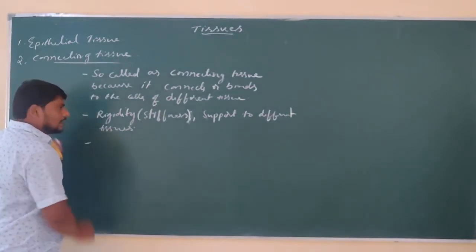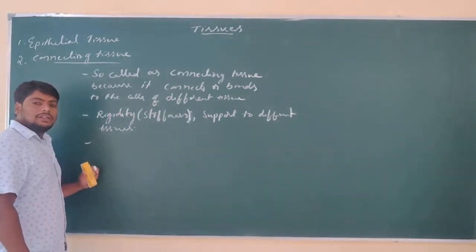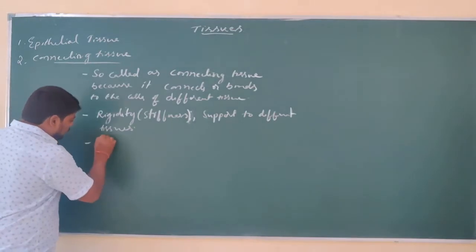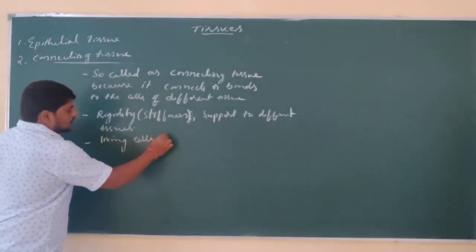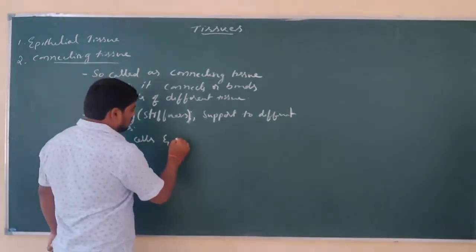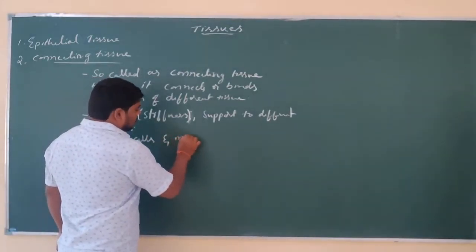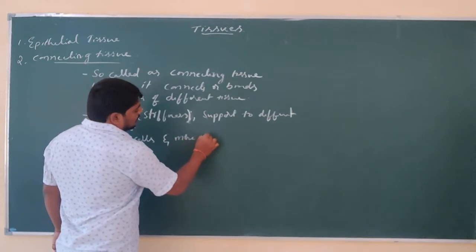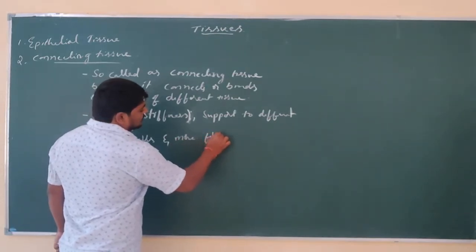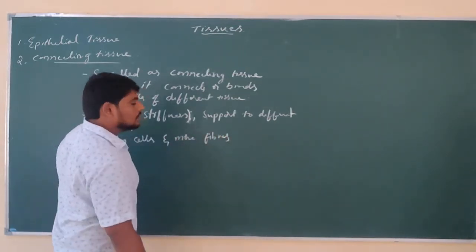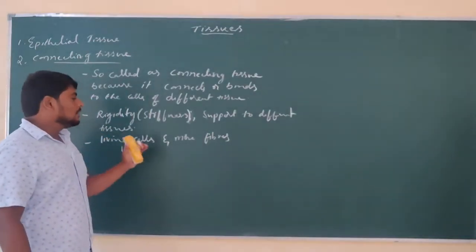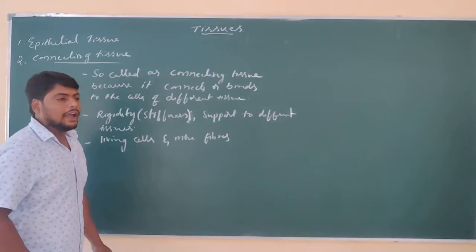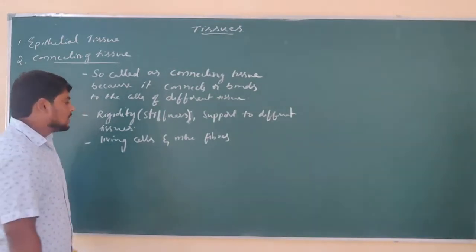If you observe this type of connecting tissue, it is made up of living cells and more fibers. The connecting tissue is made up of living cells as well as more fibrous tissues. Understand?